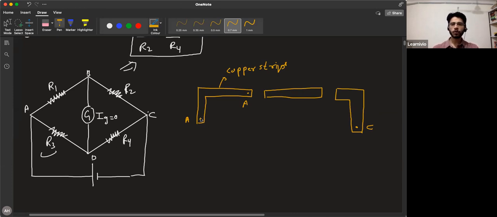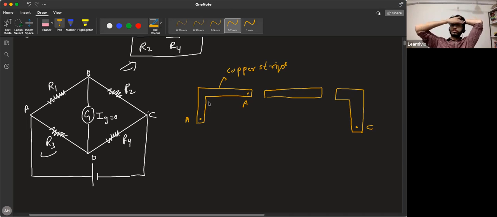So I'm asking why the potential over this point and this point is the same. What's the reason? Just a general question, anyone can answer. Why can point A and this point and this point have the same potential? Yoshika, why will this and this have the same?